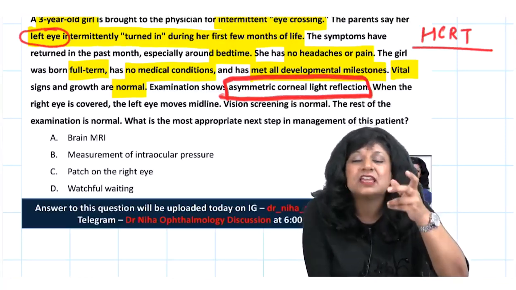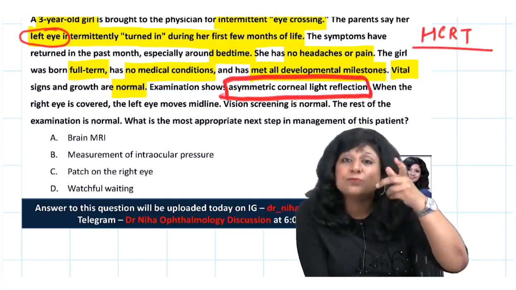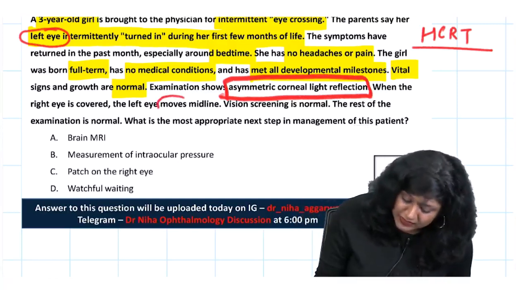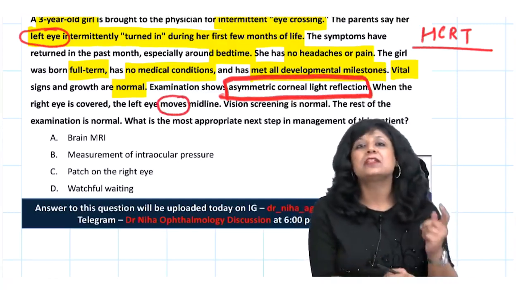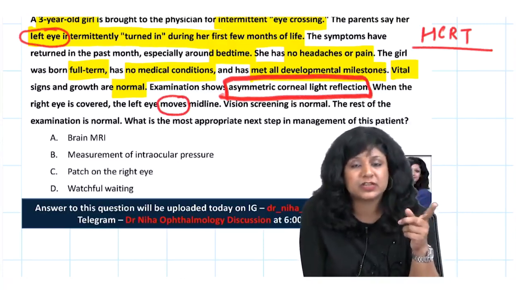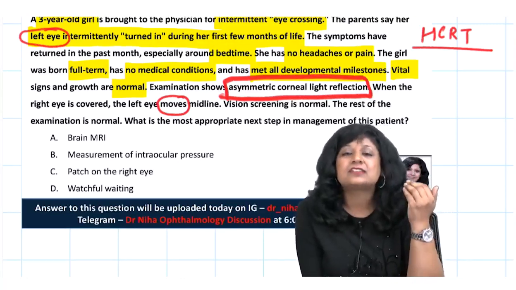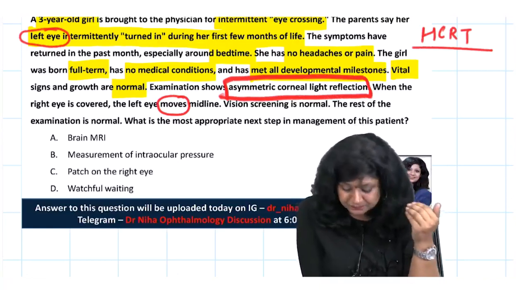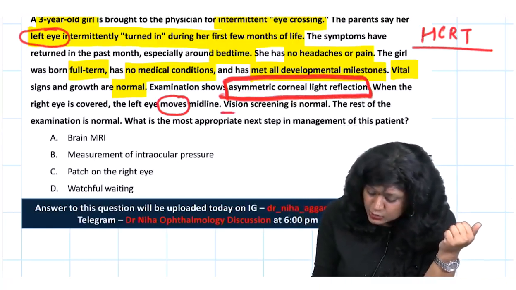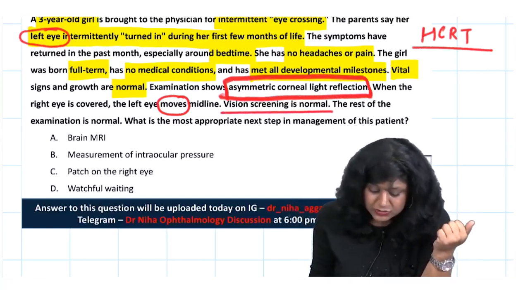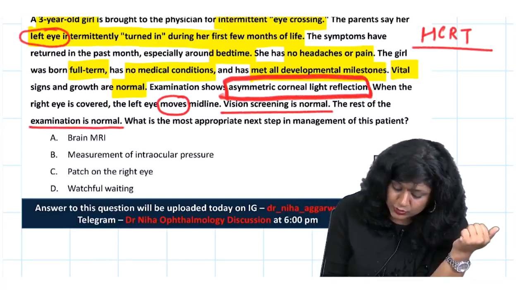So it takes the central fixation, it moves. Because it is moving, that means it was not in the midline, it was deviated, so it has moved to the midline. Vision is normal here. The rest of the examination is also normal.